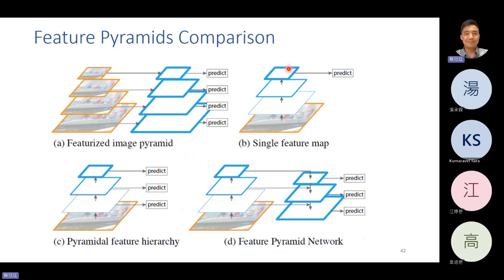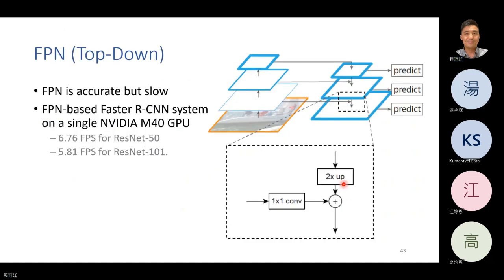But we can improve the accuracy by scaling up and combining the features with early layers, so that we will have more object details. That's the feature pyramid network. It's slow but accurate.